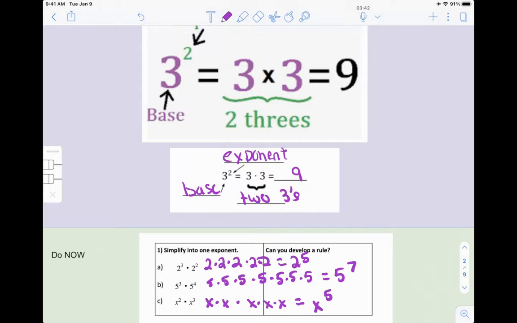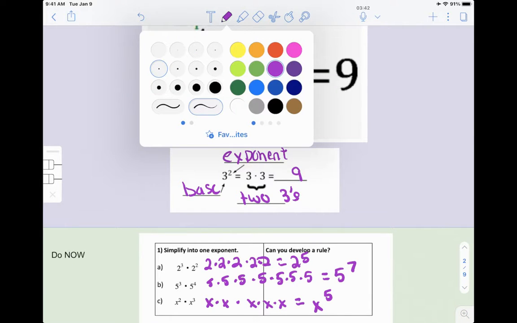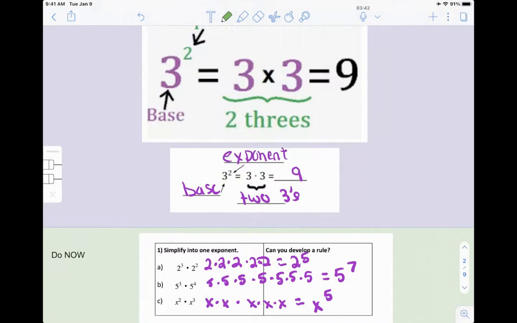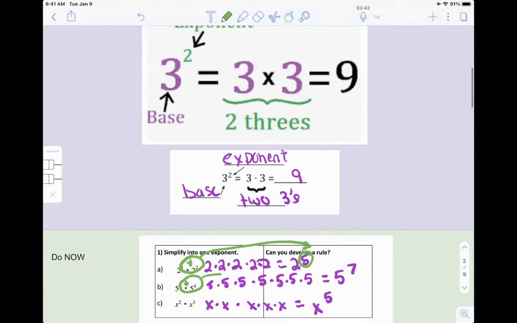So if you look for a pattern or see if you can develop a rule, if you look at the exponents on 2 cubed times 2 to the 5th power, if you were to add those exponents, they would equal 5. If you take 5 cubed times 5 to the 4th power, again, if you were to add those exponents, they would be equal to 7.